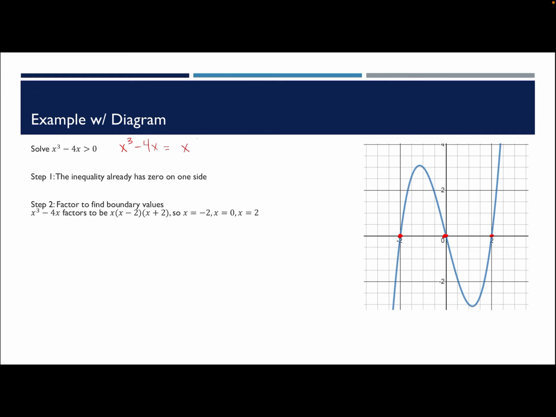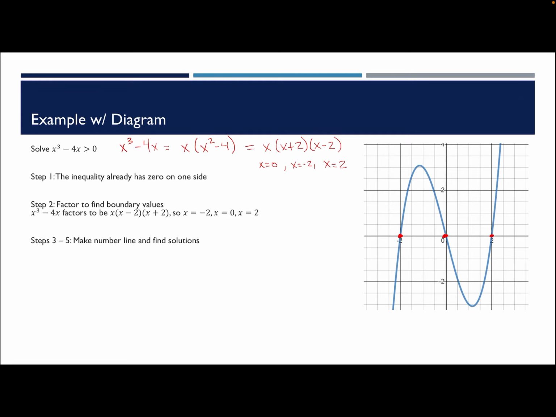That's going to be x. So we have x times x squared minus 4. And that factors to be x times x plus 2 times x minus 2. And so our solutions are 0, -2, and 2. That's how we get our boundary values.